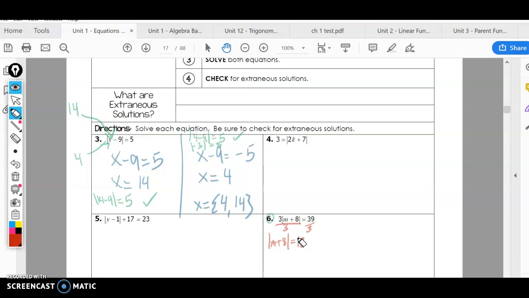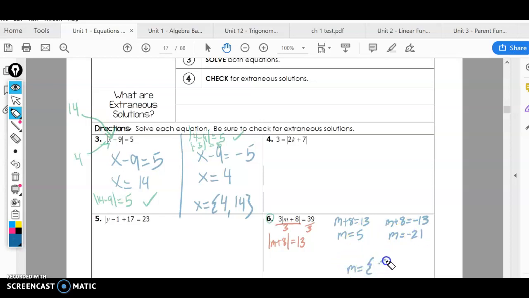Now that the absolute value expression is isolated, we can create two different equations, m plus 8 equals 13, and also m plus 8 equaling the opposite, which is -13. Our next step is to solve. Here we get m equals 5, and in the other equation, we get m equaling -21.